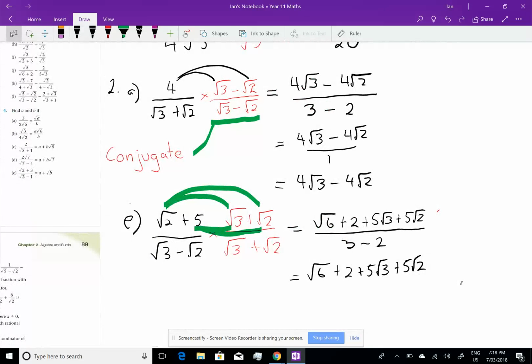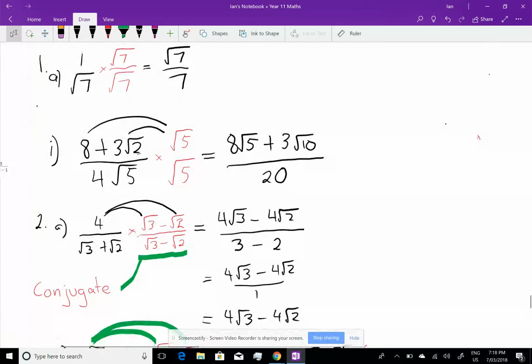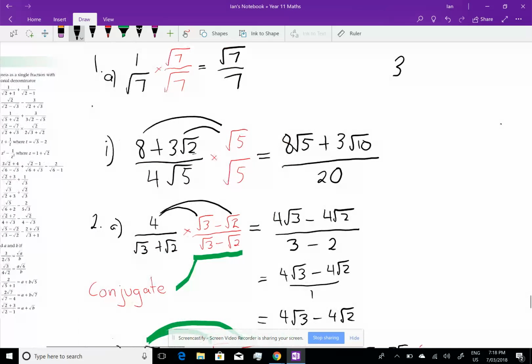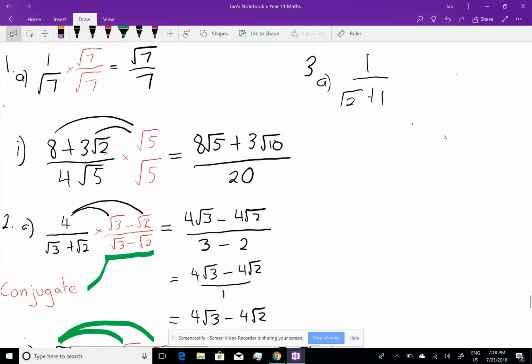Okay. Well, 1 and 2 were pretty easy. What's going on with 3? Well, we'll do 3a, which is 1 on root 2 plus 1 plus 1 on root 2 minus 1. Well, the first thing is I wouldn't write it like that.